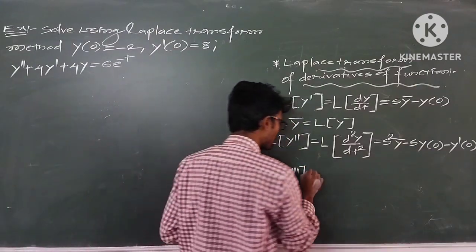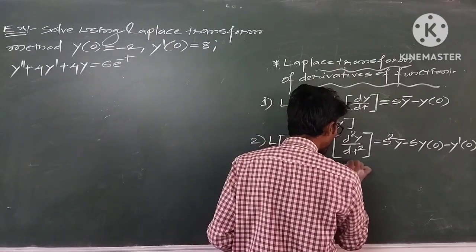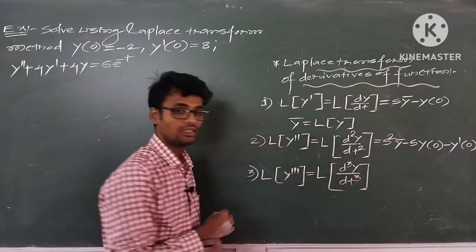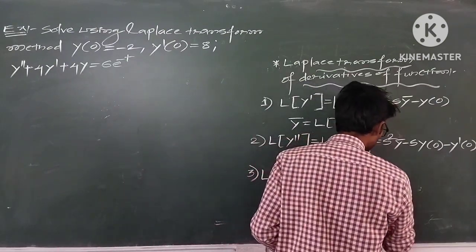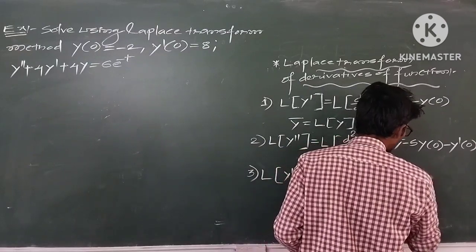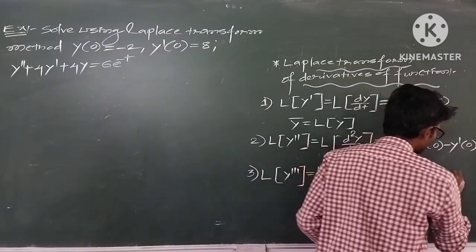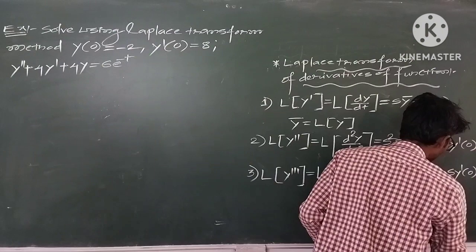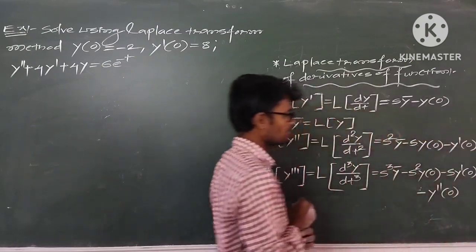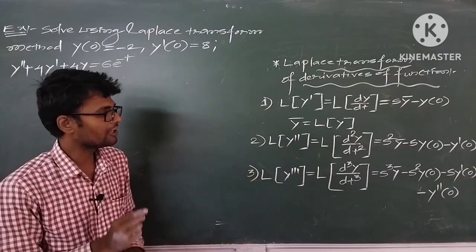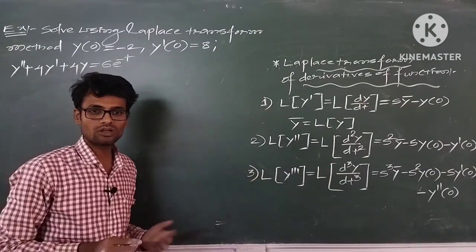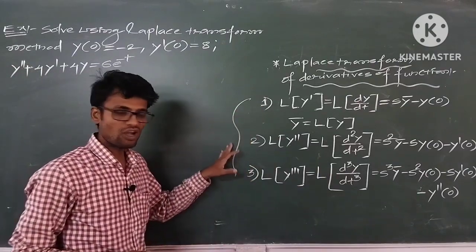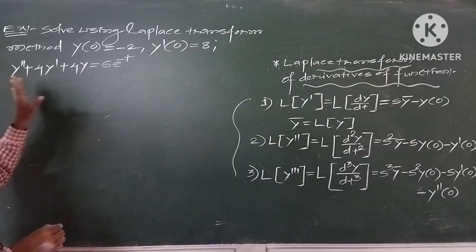This is the Laplace transform of d cube y by dt cube, which is equal to s cube y bar minus s square y of 0 minus s into y dash of 0 minus y double dash of 0, and we can continue with fourth order, fifth order derivatives, and so on. These three formulas are very important because we use them in this problem.